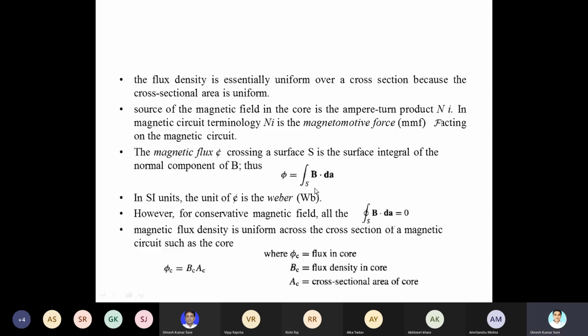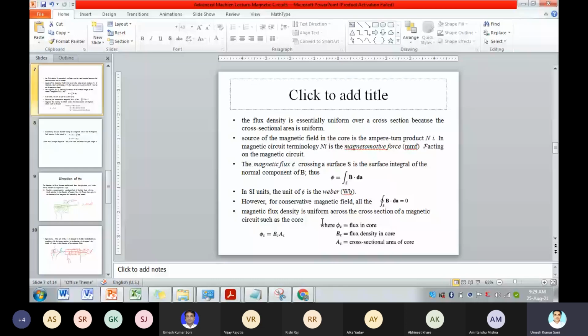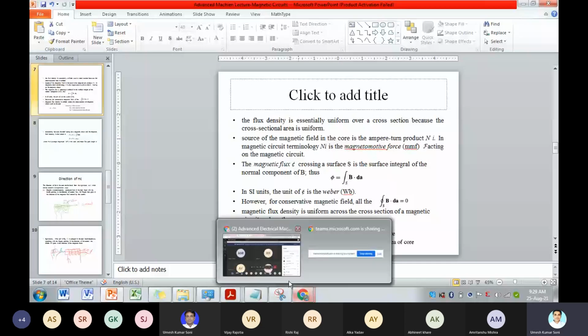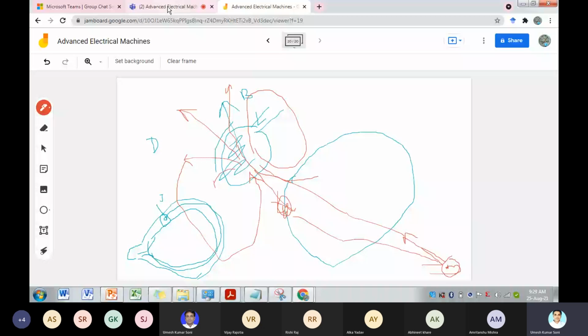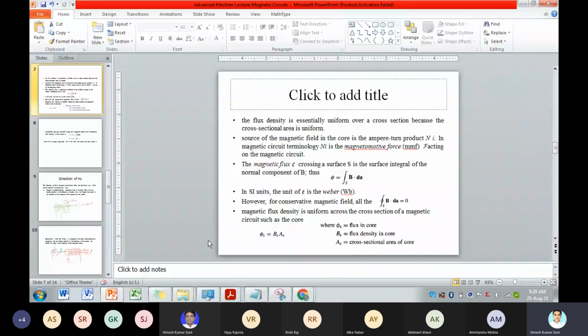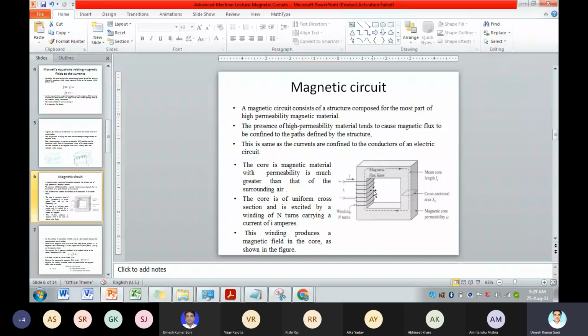So what does this equation represent? This equation represents a closed surface. What is a closed surface? Here you see the closed surface. This is the closed surface for the flux, the same as the core is the closed path for the current.